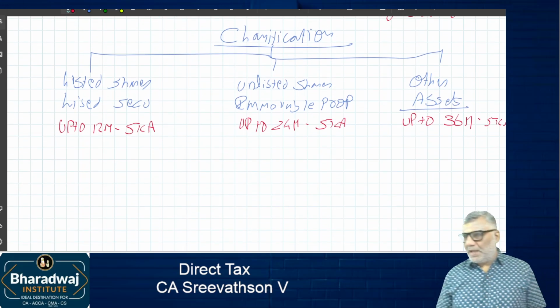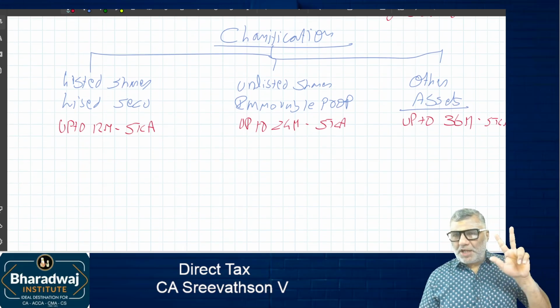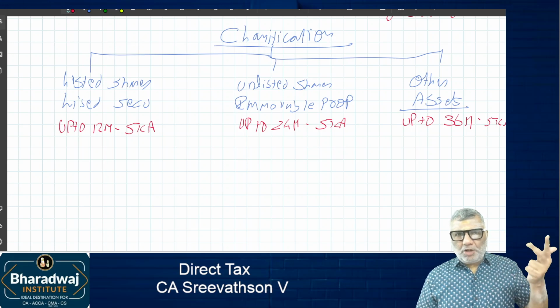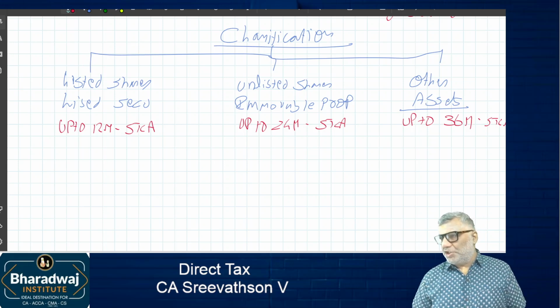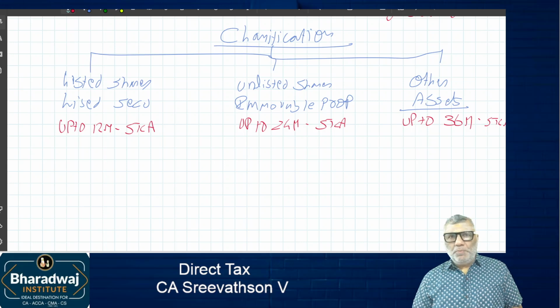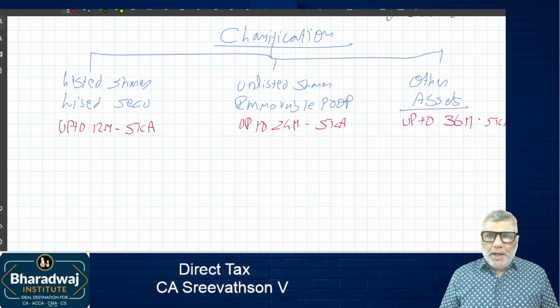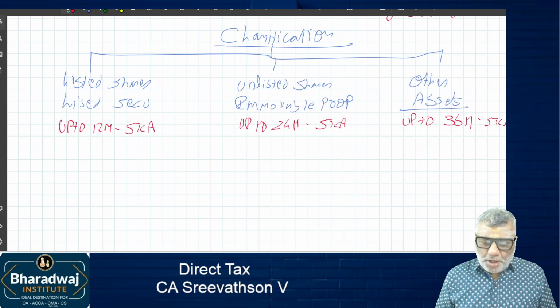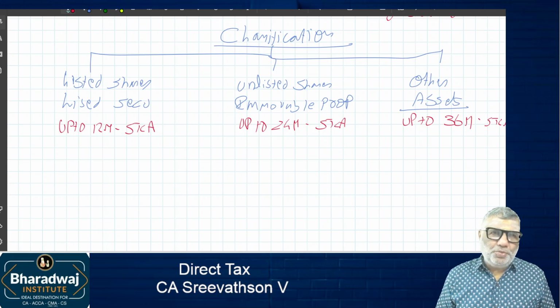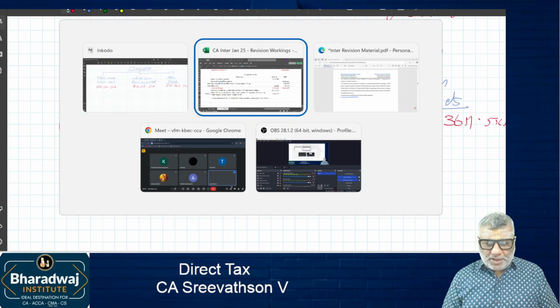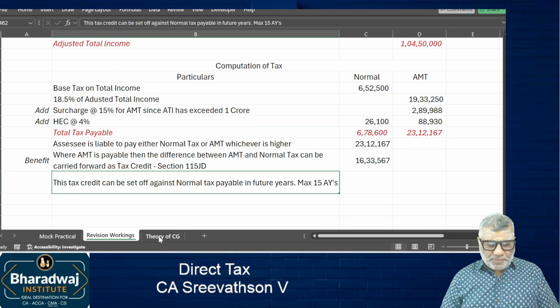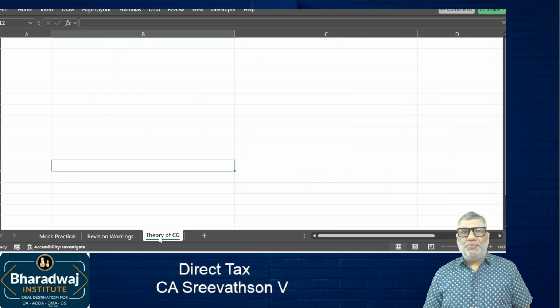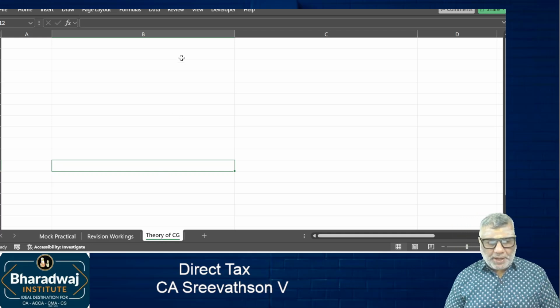So this is the classification. Reasons of classification I have told you three: mode, set off, and rate of taxation. Am I clear to you? So the benefit of indexation is the key factor. Before going into all these things, though I know you have written it once in the classroom, one more time we are writing it, so that we become stronger in this concept of various places where full value of consideration and cost of acquisition differ.